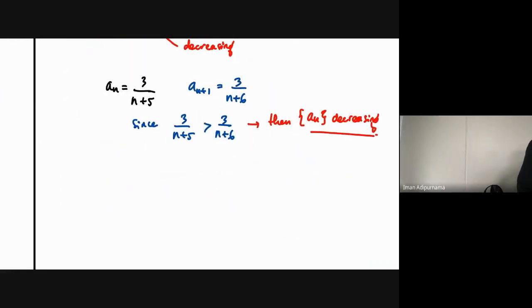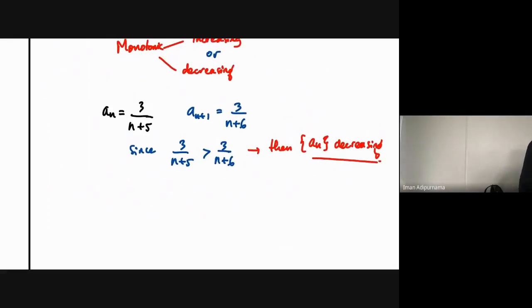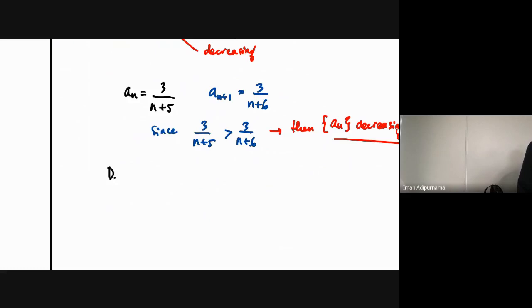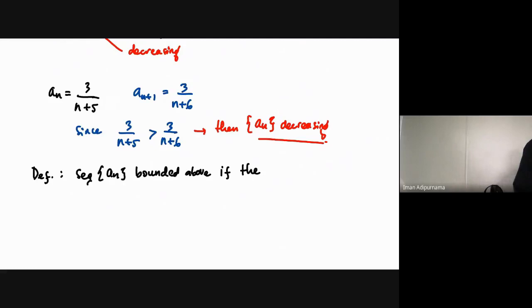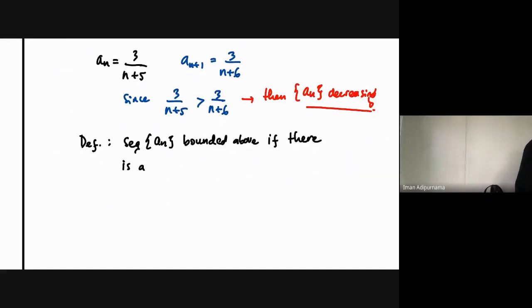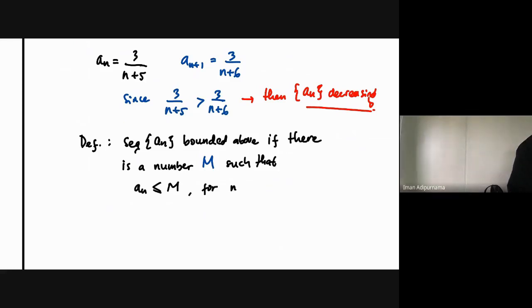Okay. Another definition: a sequence a_n is bounded above if there is a number, let's say M, such that a_n is less than or equal to M for all n greater or equal to 1.